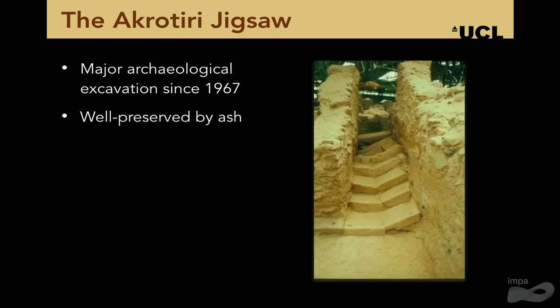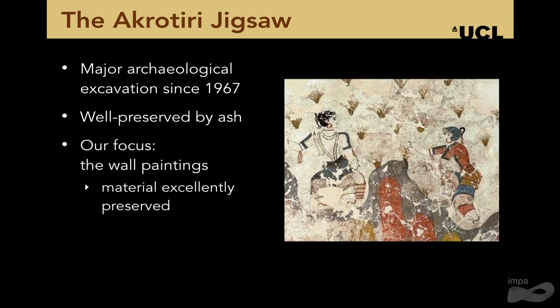The city is actually astonishingly well preserved. For instance, these walls that you see here are mud brick walls. This is something that normally erodes very quickly, and those are 3,500-year-old mud brick walls.